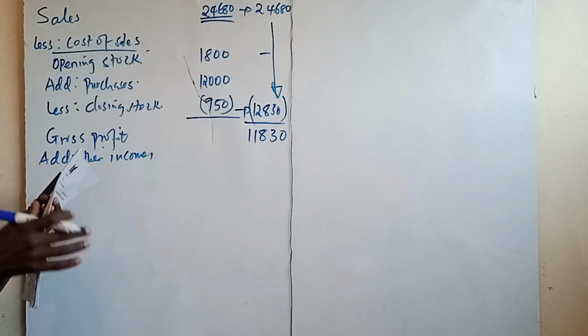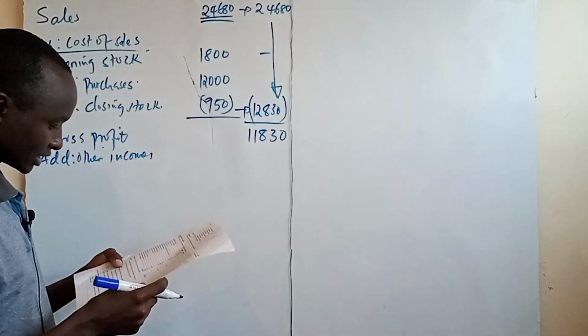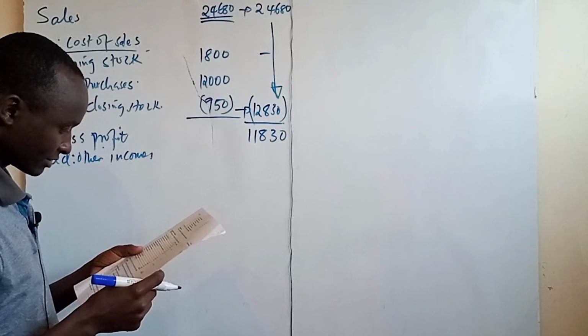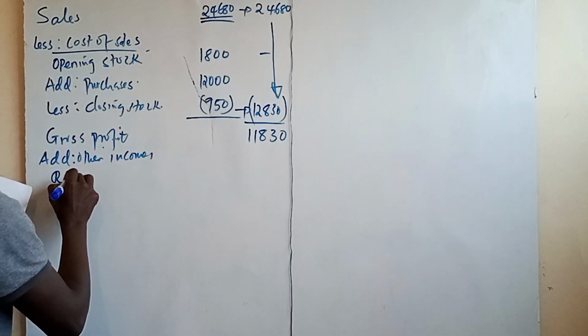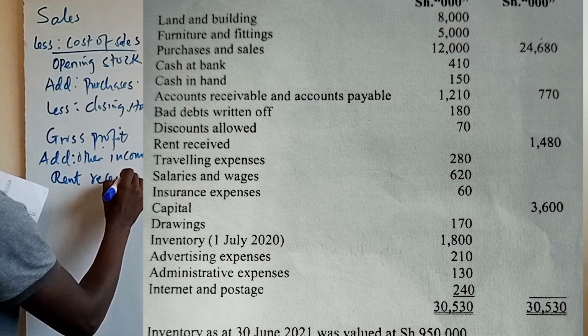You add other incomes. So from the question, I want us to look to see whether we have other incomes. Yes, we have one. We have rent received.